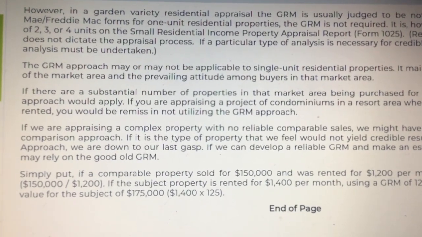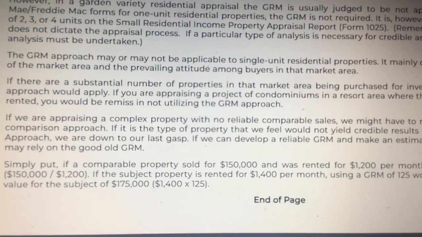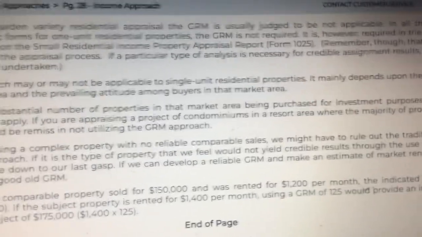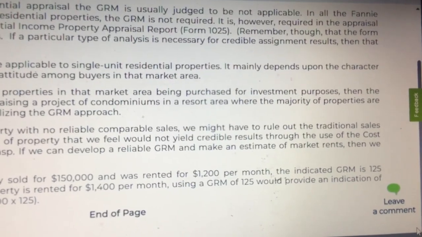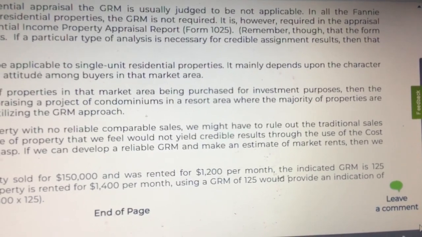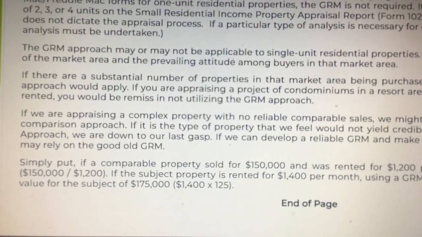If we are appraising a complex property with no reliable comparable sales, we might have to rule out the traditional sales comparison approach.